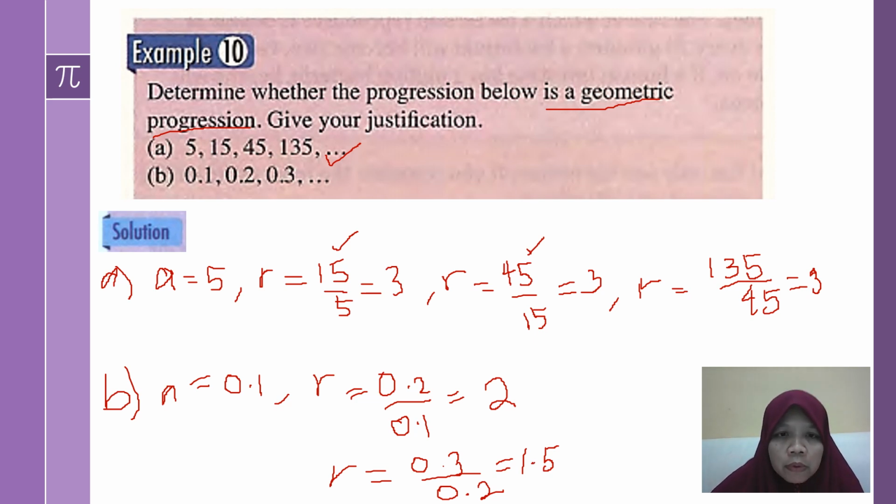So from here, you can see the first r is 2, the second r is 1.5, which is not the same. So B is not a geometric progression. A is a geometric progression, but B is not a geometric progression, because r is not the same.